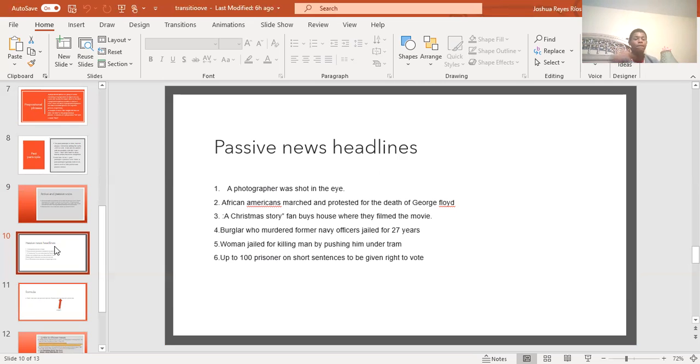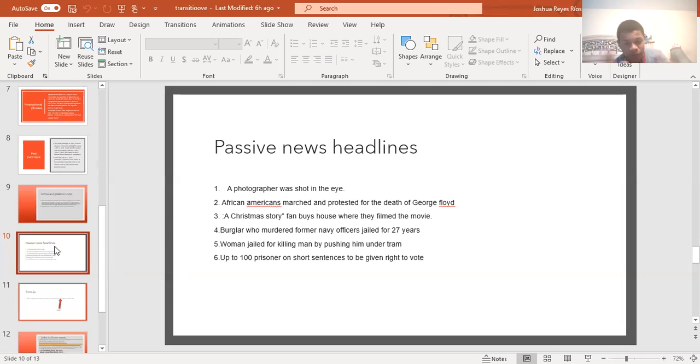The burglar murdered, killed. Former, so he's not a Navy officer. He's probably retired or even a veteran. Jailed, that means he's already in jail for 27 years. So he might be still in jail or already out. Woman jailed for killing man by pushing him under tram.